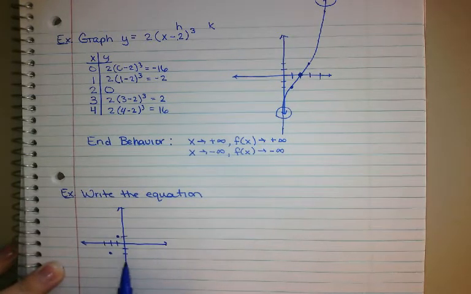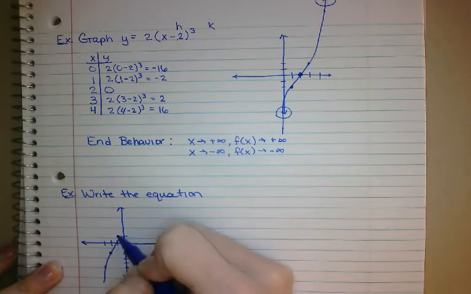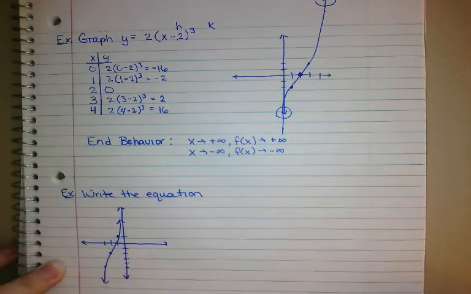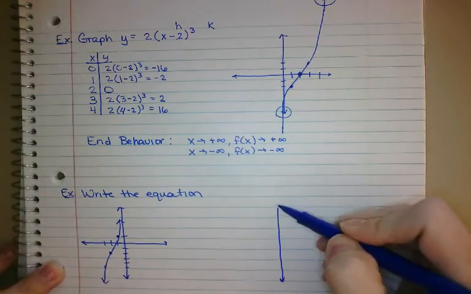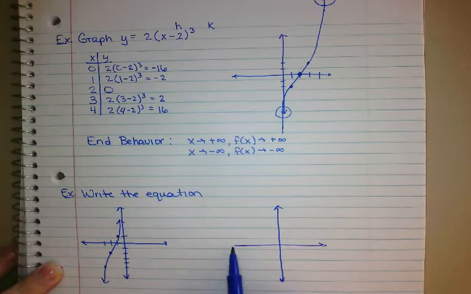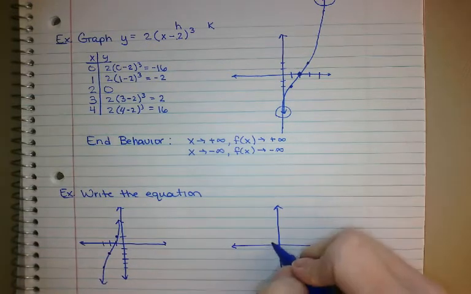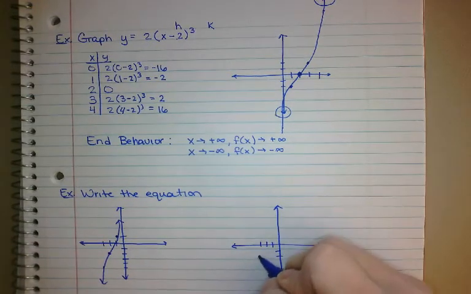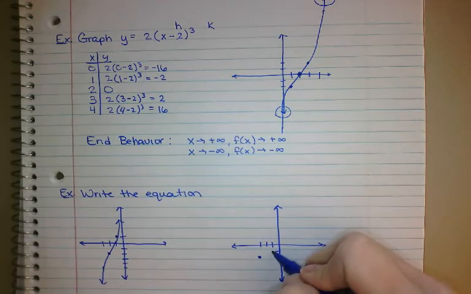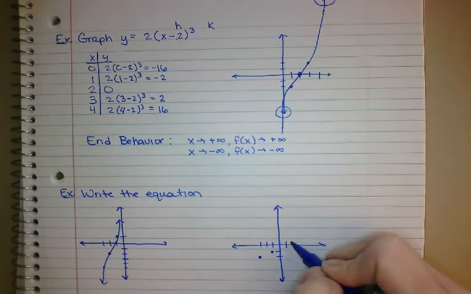And then I'm going to plot negative 3, negative 5. Okay, so here's my cubic. There's one example, and then we're going to go ahead and just do another one. And I'm going to plot negative 3, negative 2. I'm going to plot 1, negative 1, and I'm going to plot 5, 0.